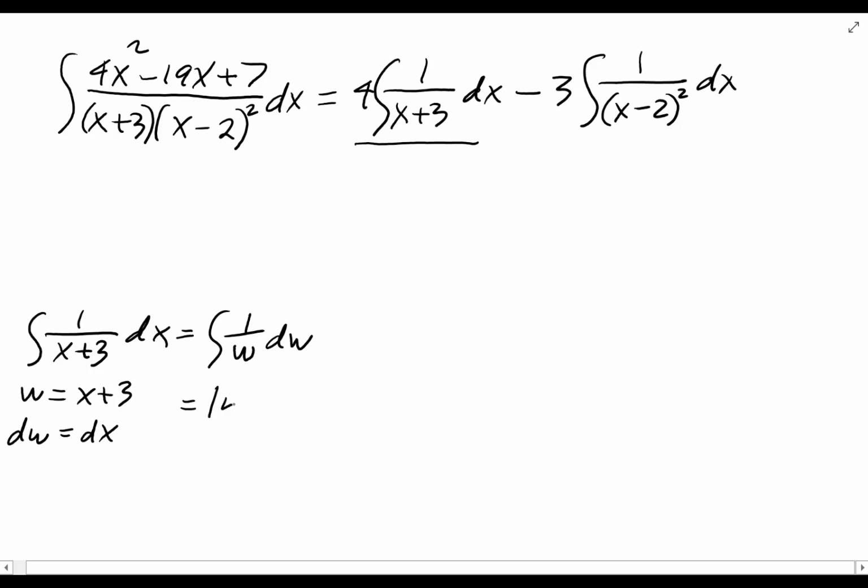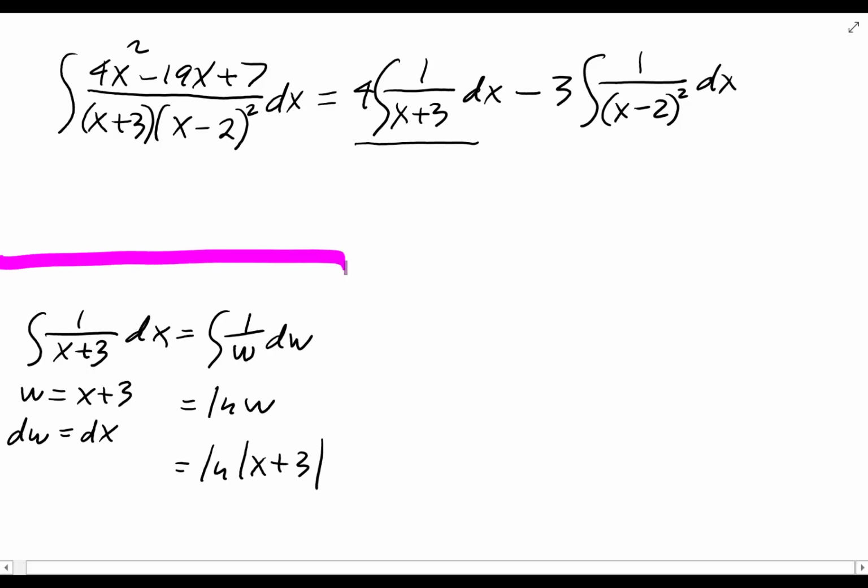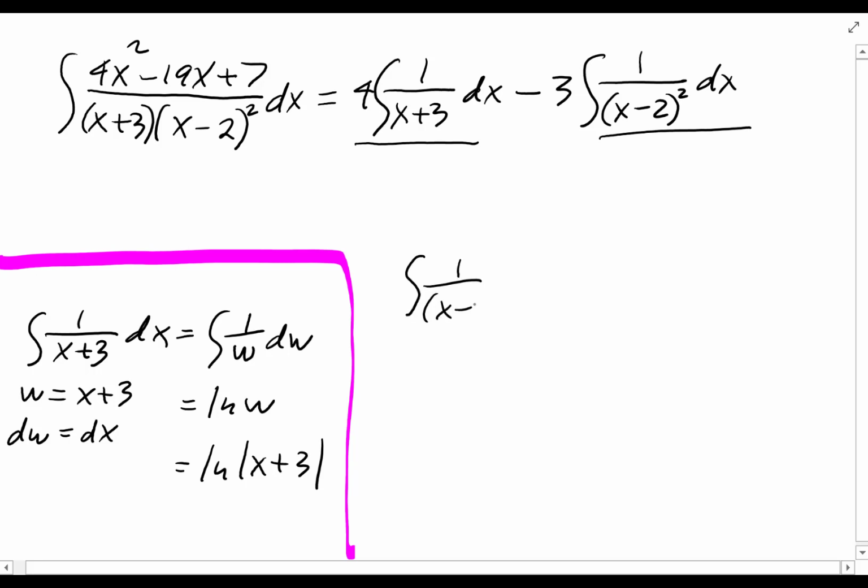And of course that's the natural log of w, which is the natural log of x plus 3. Alright, now let's take this second integral, 1 over x minus 2 squared. And again, I'm going to do a substitution. w is going to be x minus 2. Pretty simple substitution. dw is dx.